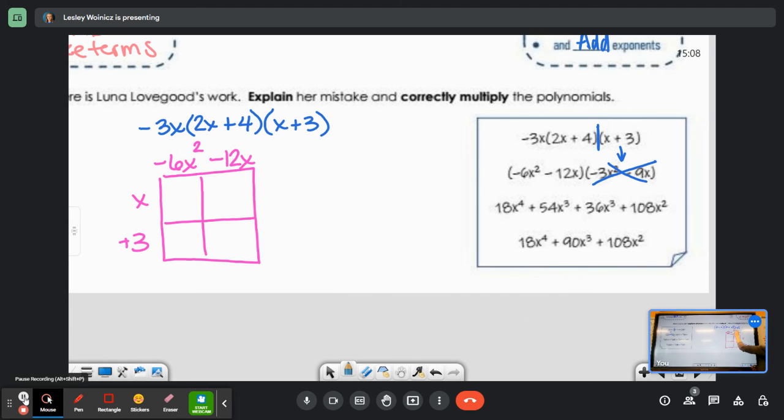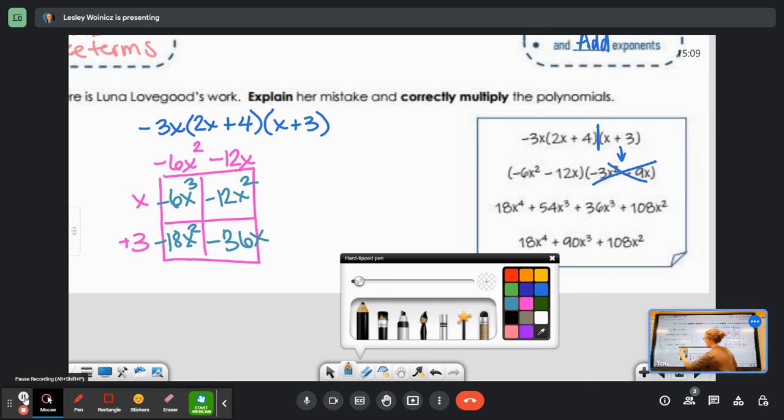Okay, so then we get negative 6x cubed, negative 12x squared. What is this? Negative 18x squared and negative 36x. Okay, what's the last step?